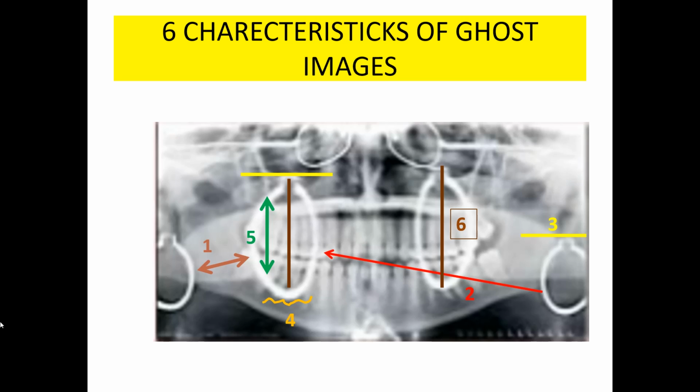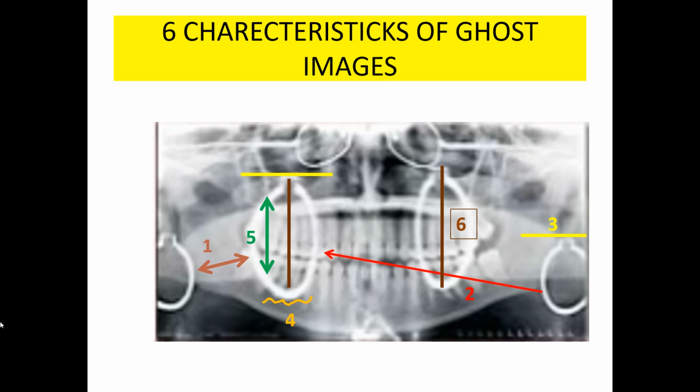Now there are 6 characteristics of these ghost images. You keep on seeing the numbers. I have marked it with the numbers and I will explain according to the numbers. Number 1, the image has the same general shape as its real counterpart. Example, earrings are of the same shape. Second, the image appears on the opposite side of midline.